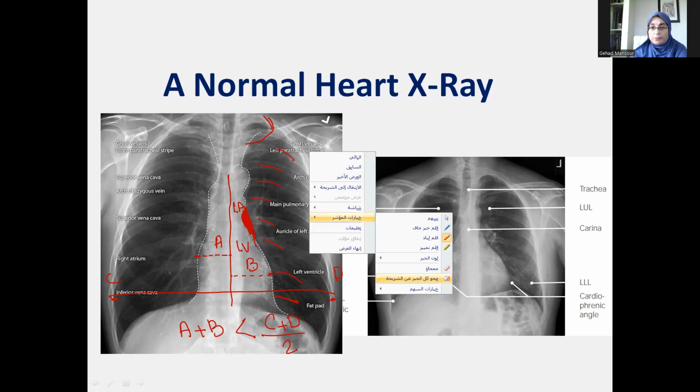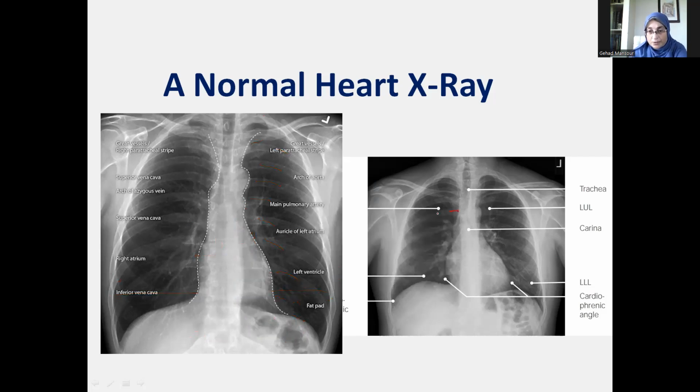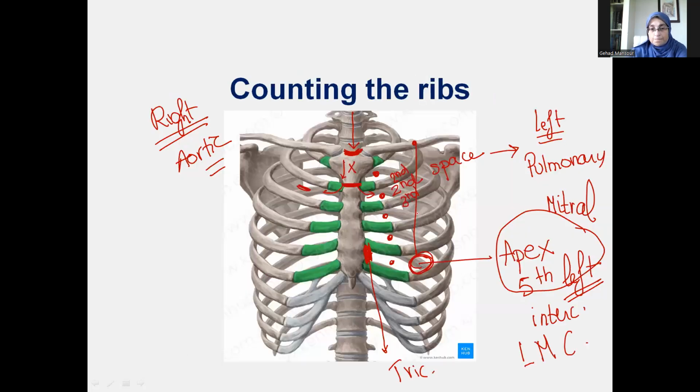If you look at the thoracic cage here, you see? The posterior part of the ribs is inclined like that, okay? And the anterior part of the ribs is inclined like that.